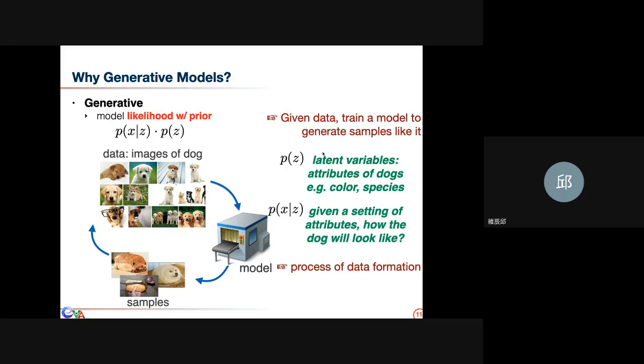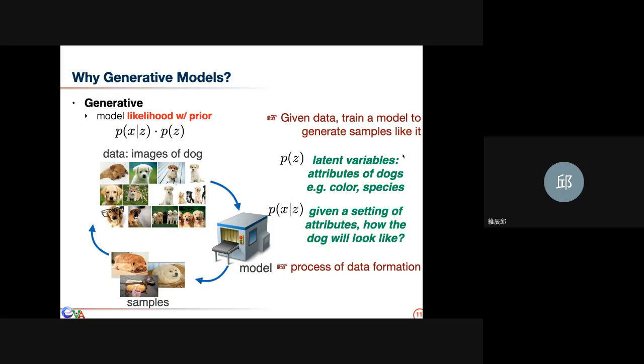And for each description, I can imagine how the dog will look like, right? So this procedure is similar to generating the images of the dog. I can sample a Z, and given a certain Z, I can try to imagine the corresponding image. So this is a generation of your data, okay?